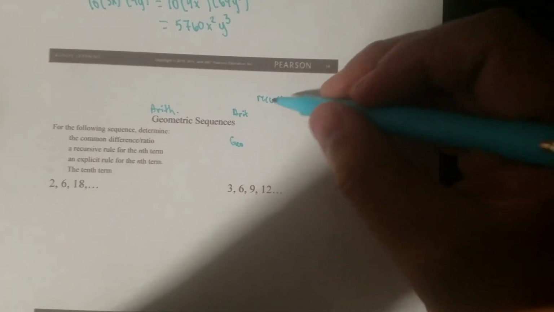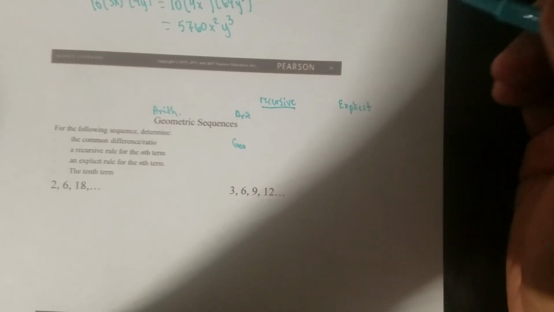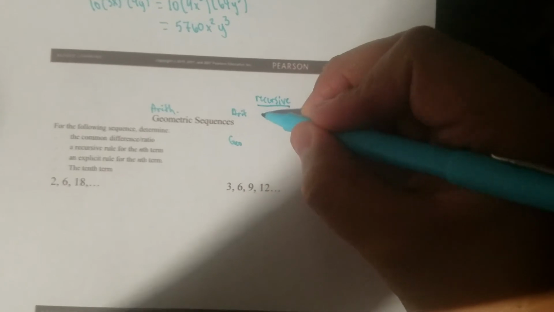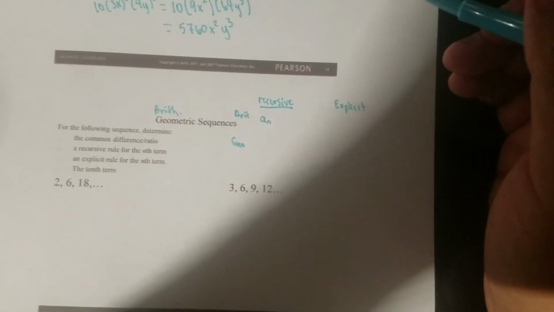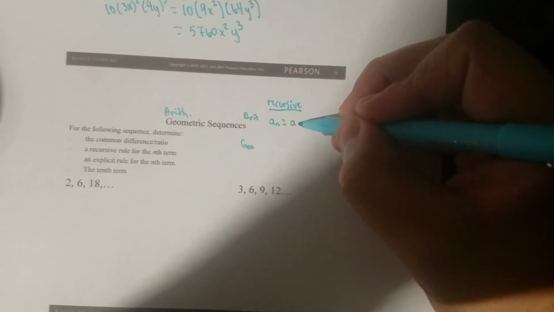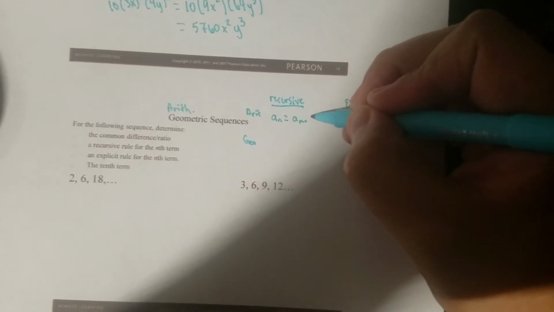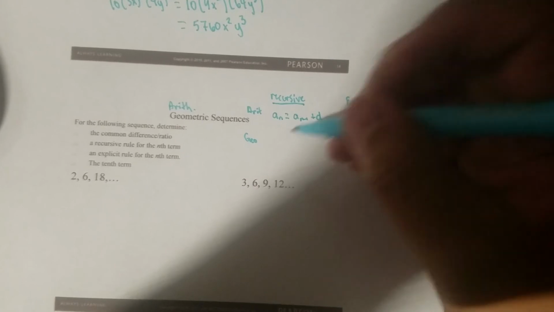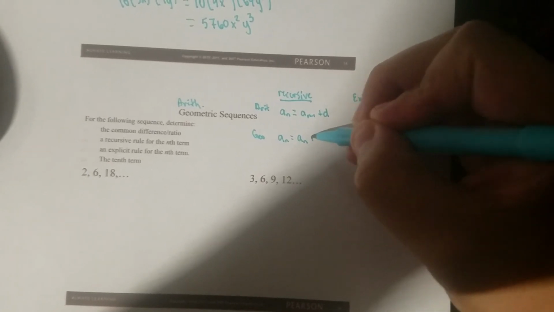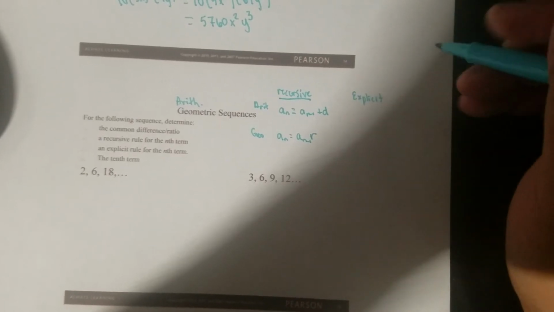So the recursive rule, guys, this one is the one that we used first. It is easier, so for the arithmetic, it's going to be a sub n minus 1 plus d, and this one's a sub n minus 1 times r.